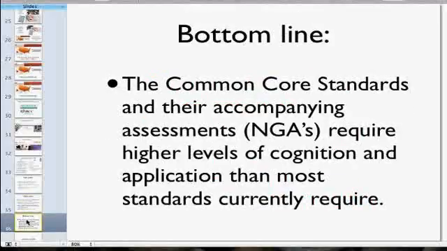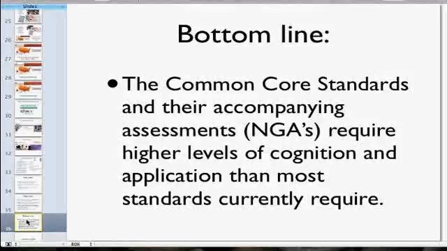So the bottom line with this information in Common Core is that these standards and the next generation assessments are going to require our kids and our teachers to work at higher levels of cognition and application than most standards currently require.